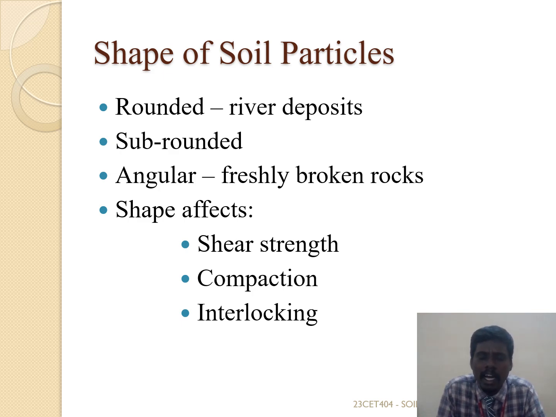The shape of aggregates mainly depends upon the modes of transportation and modes of origination. The shape mainly affects the shear strength of soil. It is a major parameter of soil, which deals with engineering structures. The next ones are the compaction and the interlocking of soil particles.